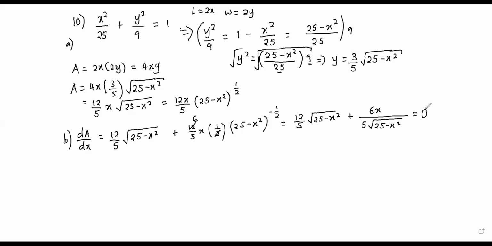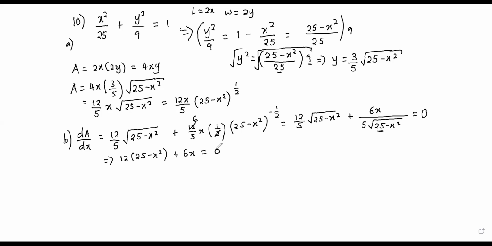So when you equate it to 0, and then you multiply throughout by this, we're going to have 12 multiplied by 25 minus x squared plus 6x equal to 0.